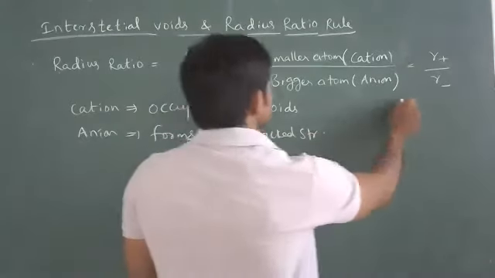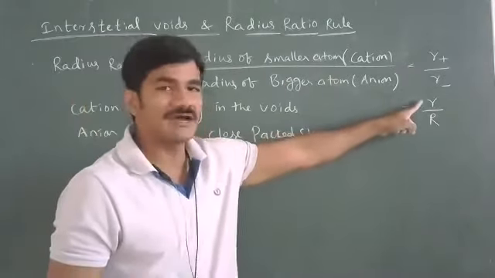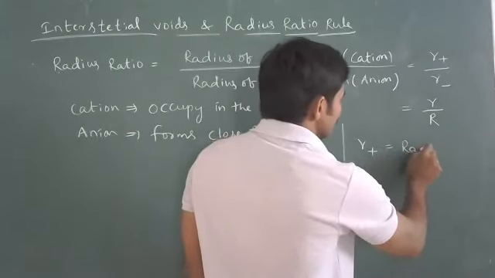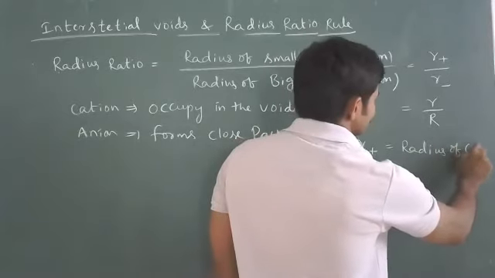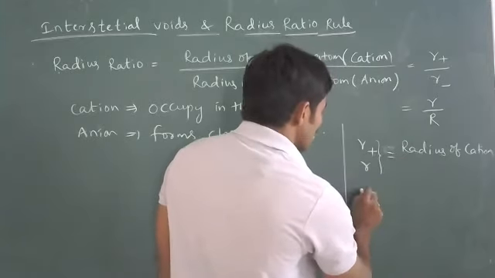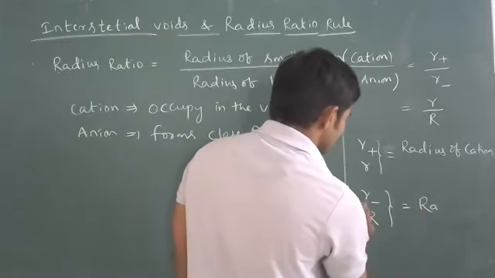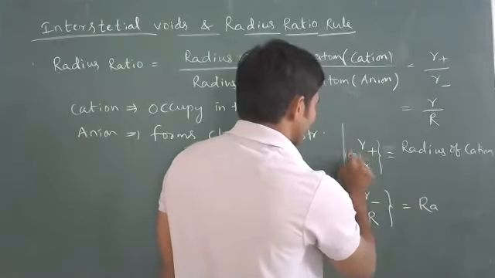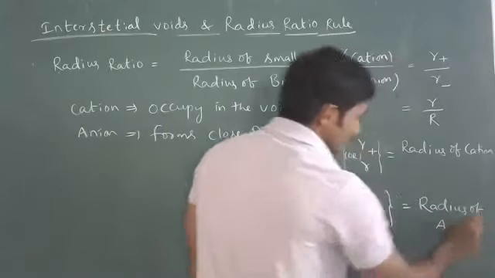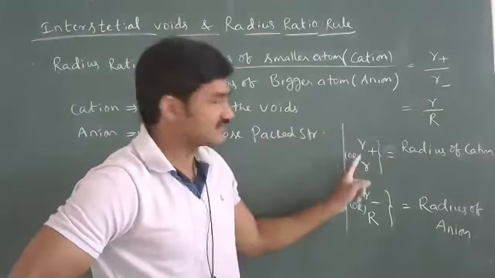So we can also write this as small r by capital R. R plus or small r is the radius of cation.